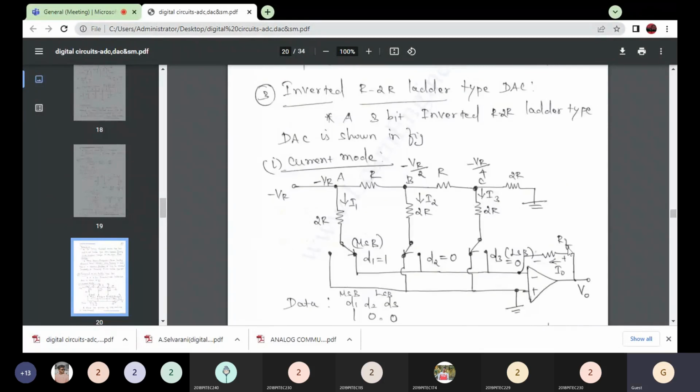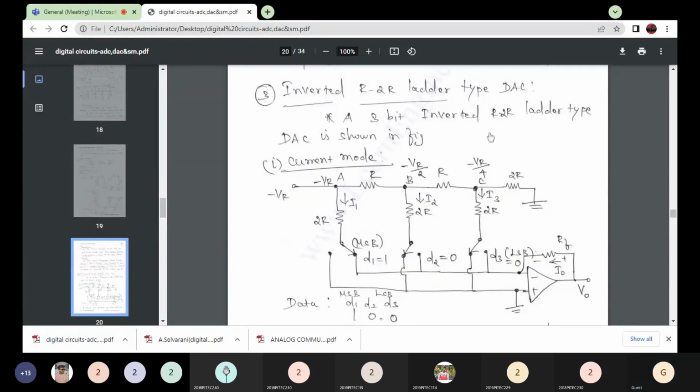First is a 3-bit inverted R-2R ladder type digital to analog converter. Here we have two types: the first one is the current mode, the second one is the voltage mode. First we will discuss the current mode inverted R-2R ladder type digital to analog converter. Here we have an op-amp with an R-2R ladder type circuit.